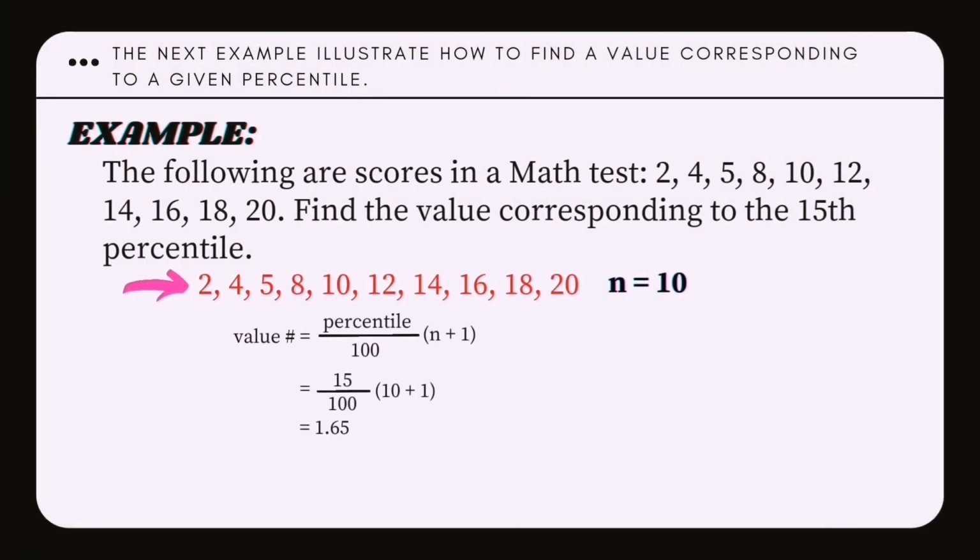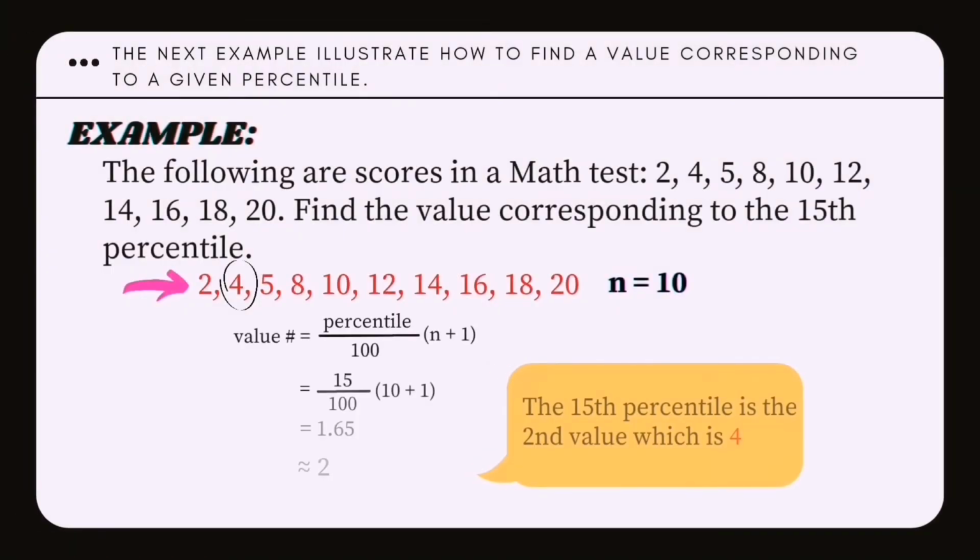Now, we have to solve 15 over 100 times 10 plus 1 is equal to 1.65. We have to round up 1.65 dahil ang katabing decimal point ni 1 ay 6, kaya siya naging 2. So, 1.65 round up is equal to 2. So, the 15th percentile is the second value, which is 4.